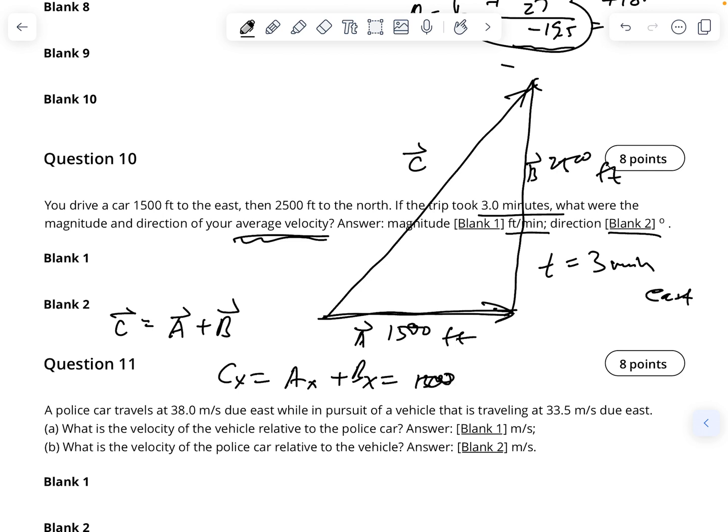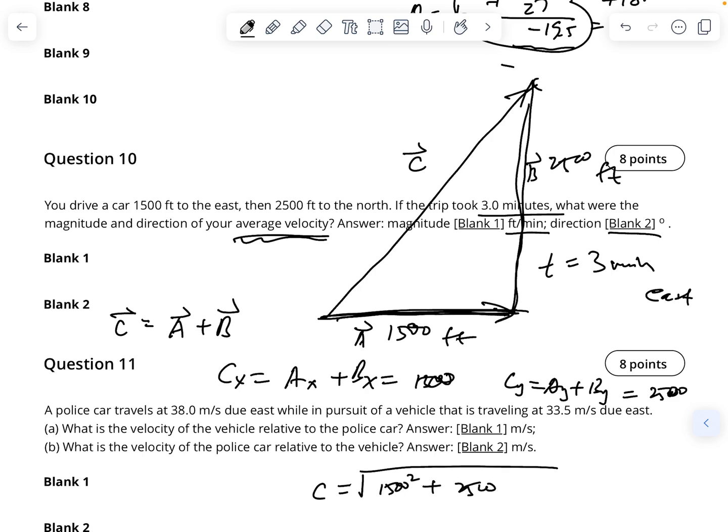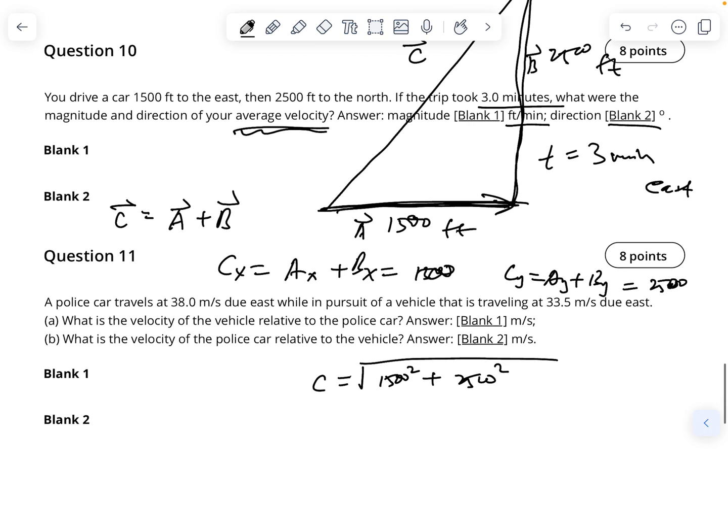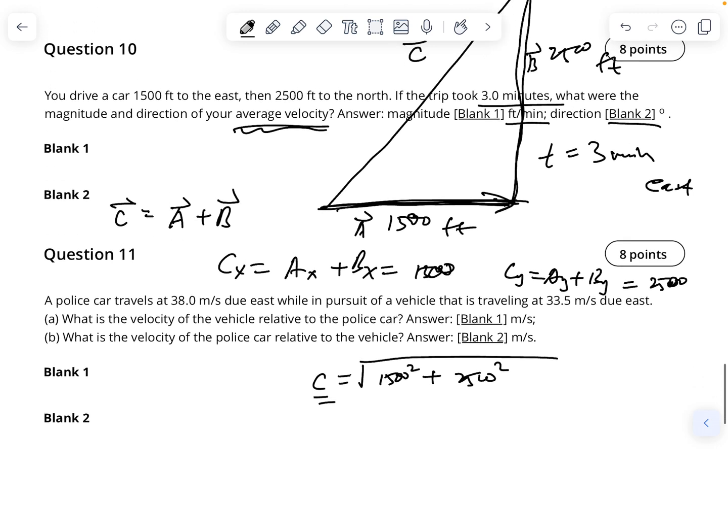Cy equals Ay plus By. Ay is 0, so By is 2,500. The magnitude of C is the square root of 1,500 squared plus 2,500 squared. That is the displacement magnitude.